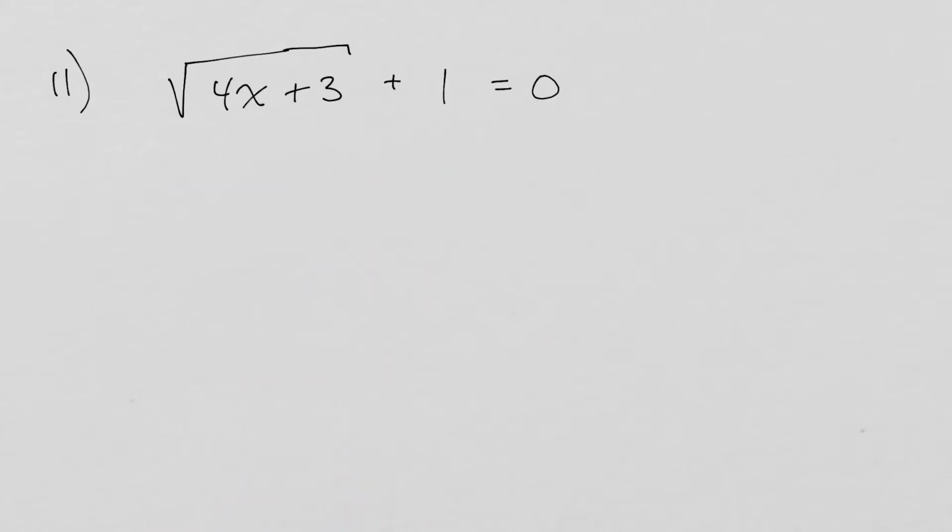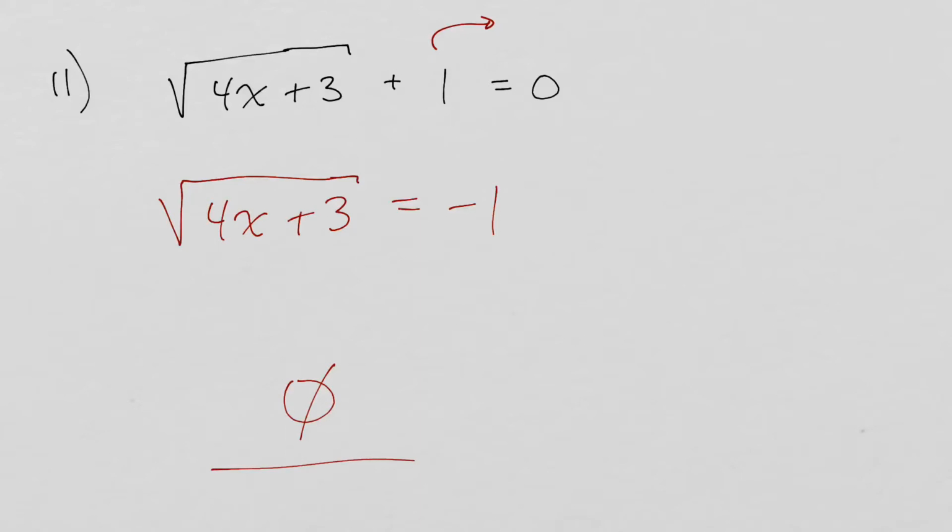Okay, the first thing I want to do in solving these problems is isolate the radical by moving my 1 over. So I have the square root of 4x plus 3 is equal to negative 1. Now I'm going to stop and I'm going to say no solution, because a square root cannot be negative. If you were not careful and you squared each side, you would have 4x plus 3 is equal to a positive 1, and this would yield a result.